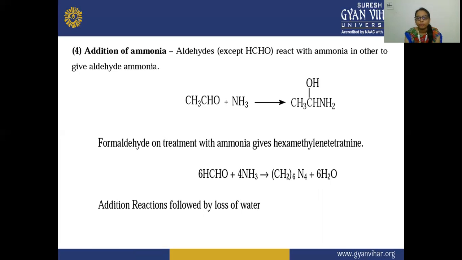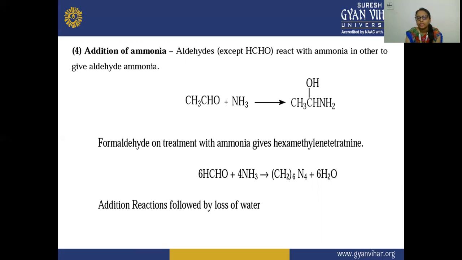So in the addition of ammonia, aldehyde except HCHO is reacting with the ammonia in order to give you aldehyde ammonia. Here this acetaldehyde is reacting with the ammonia, and there is a formation of this hydroxyamine. When this formaldehyde is treated with this ammonia, they are giving you hexamethylene tetramine.